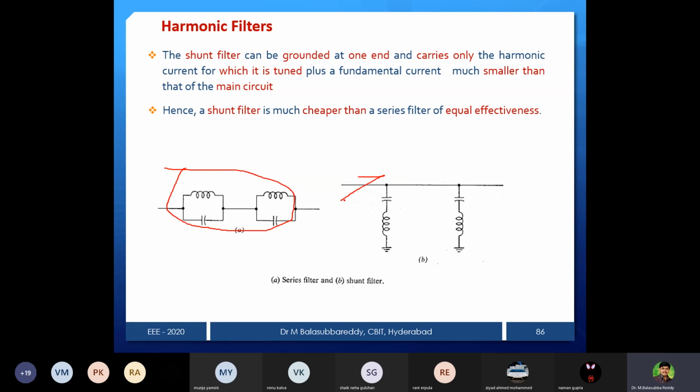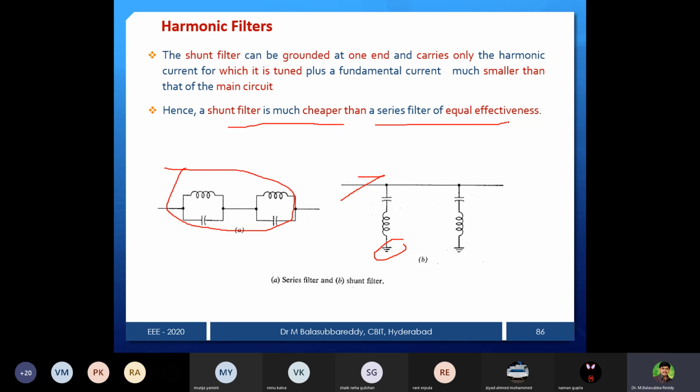But the series filter has to carry the total current, whereas the shunt filter is obviously connected to the ground. That is the reason only the harmonic current has to be carried, and hence shunt filters are much cheaper than series filters of equal effectiveness.